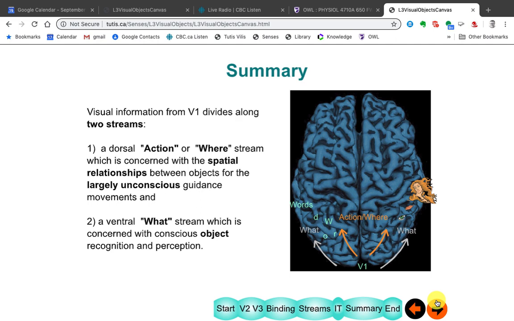I've been sitting here for the last hour moving the mouse around without thinking of where the mouse is and where I have to go to reach it. So the neat thing about this stream is it's largely unconscious in nature. The ventral what stream, on the other hand, is concerned with the conscious perception of an object, recognizing it and perceiving it.